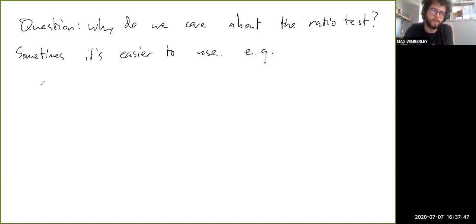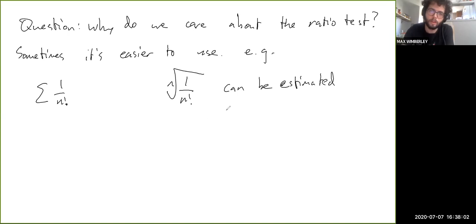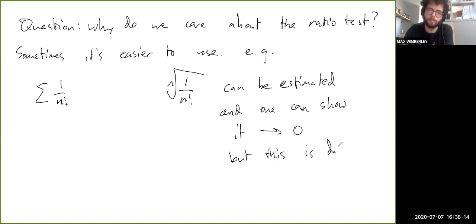For example, for the sum of 1 over n factorial, the nth root of 1 over n factorial can be estimated, and one can show it converges to 0, but this is difficult.